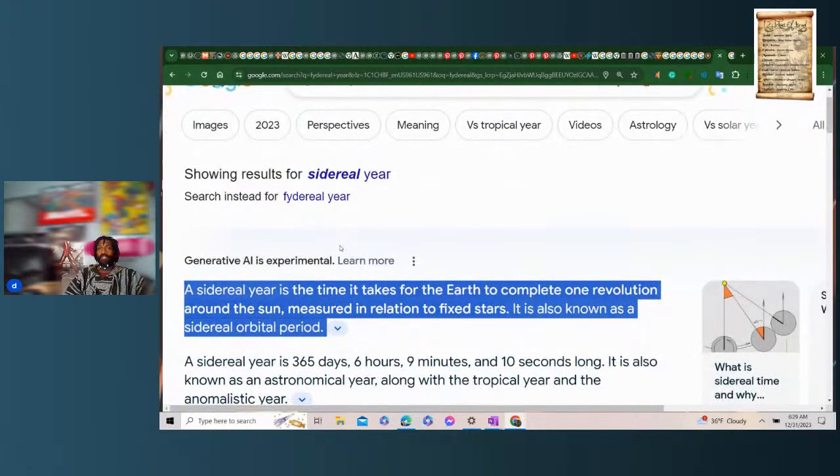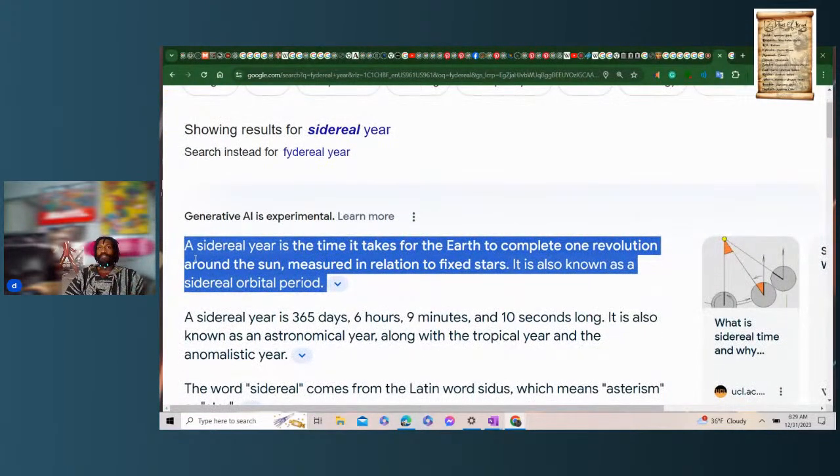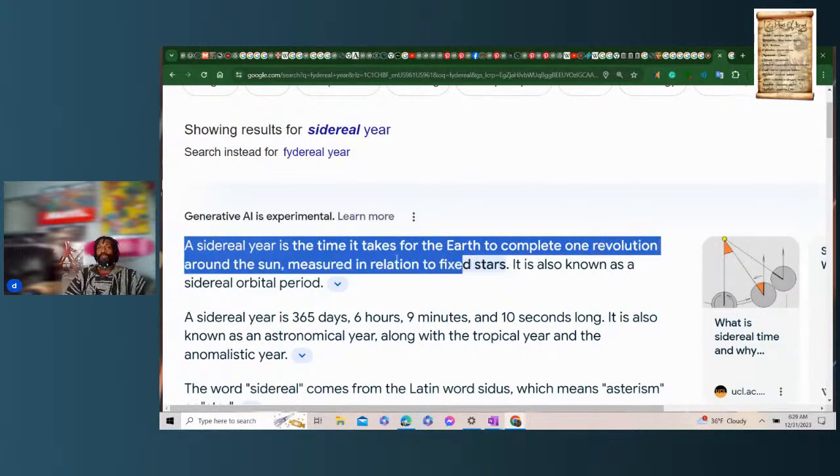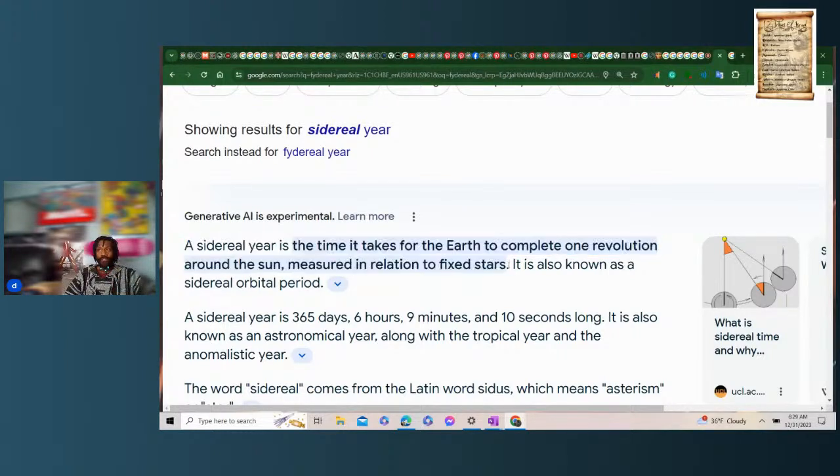Sidereal year is a measurement of time. Sidereal year, unless I'm saying this wrong, correct me. A sidereal year is the time it takes for the Earth to orbit one revolution around the sun, measured in relation to fixed stars.